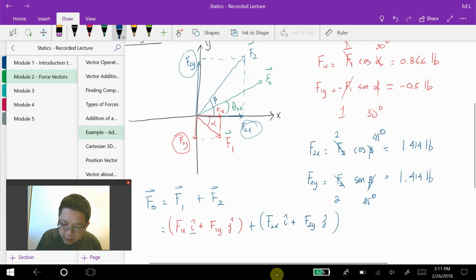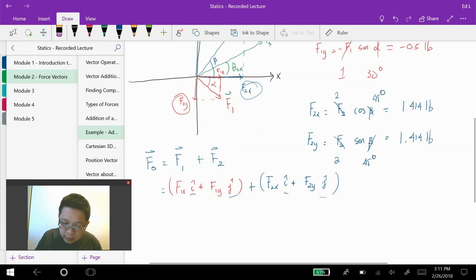Taking the same i component and the same j component, I can write (F1x plus F2x) i plus (F1y plus F2y) j.